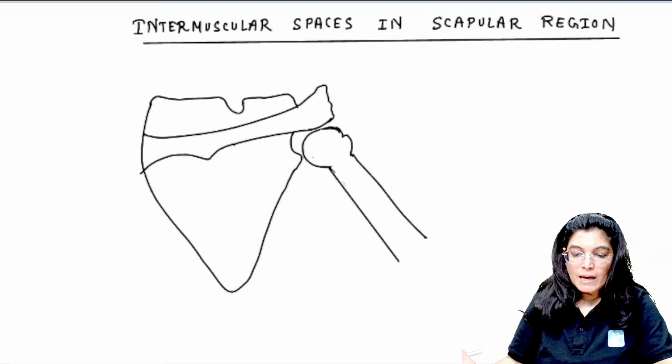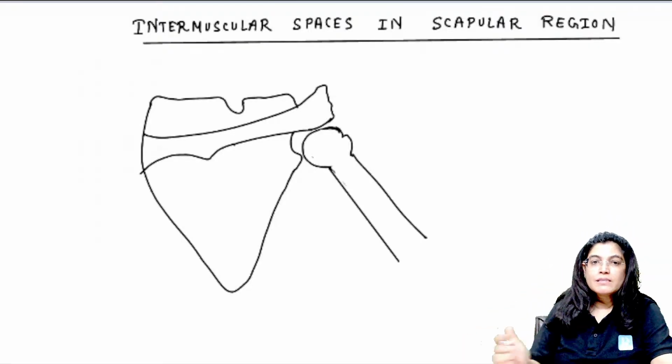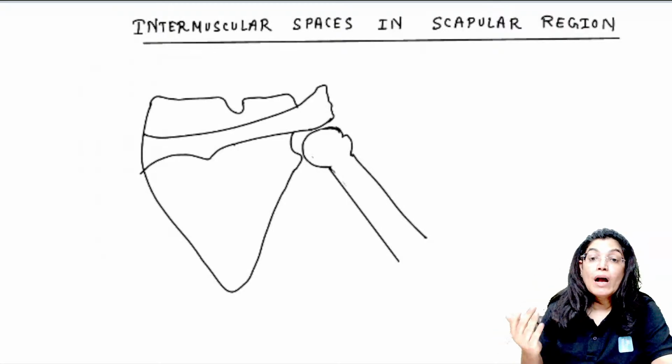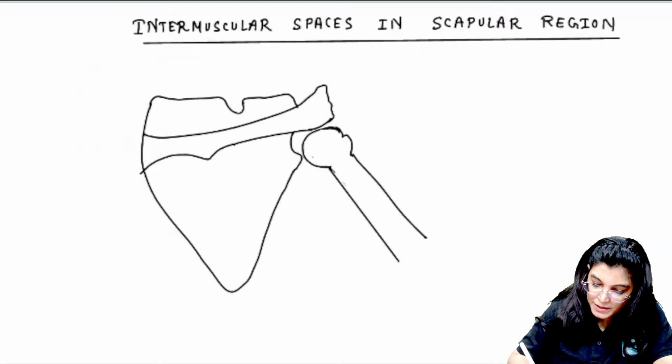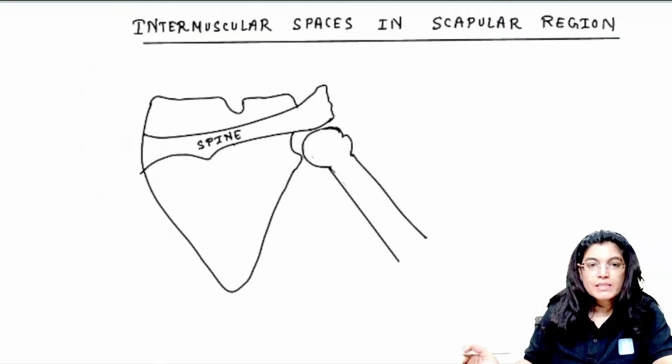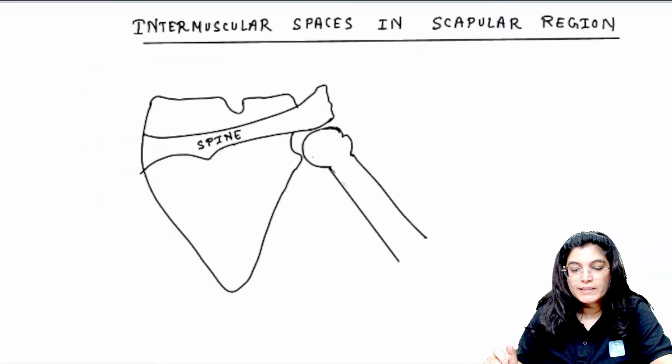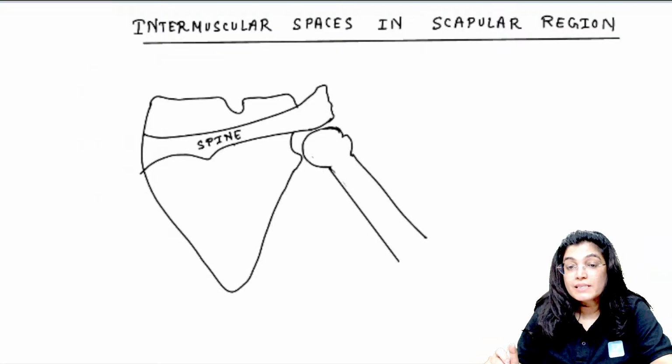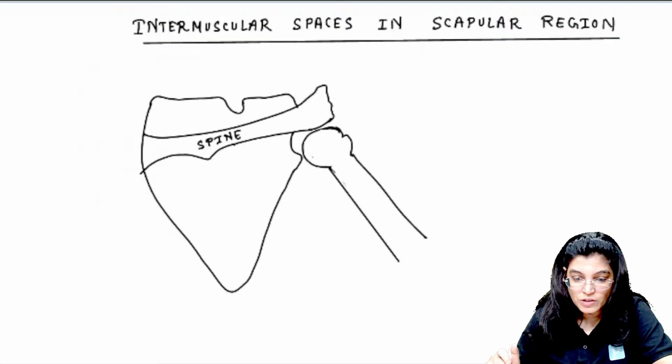Now we know that this is the scapula, posterior view. Then spine is there. So this is the spine of scapula. Then this is obviously the scapula bone, and this will be the lateral border. On the lateral border, two muscles are attached: teres minor and teres major muscle.